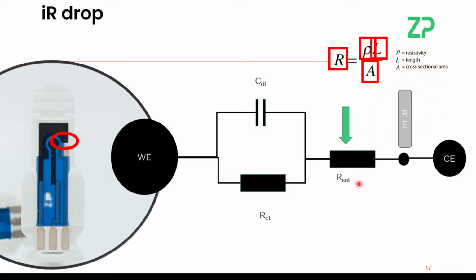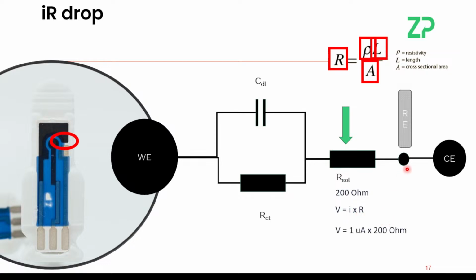But I'm a little bit shaky on that, because you do get benefits from making microelectrodes, and the benefit you get from making microelectrodes is the current's very small. But let me just run you a quick back of the envelope calculation. Typically, when we're using these screen printed electrodes, our solution resistance is actually 200 ohms. The IR drop that we get across this solution resistance is I times resistance.